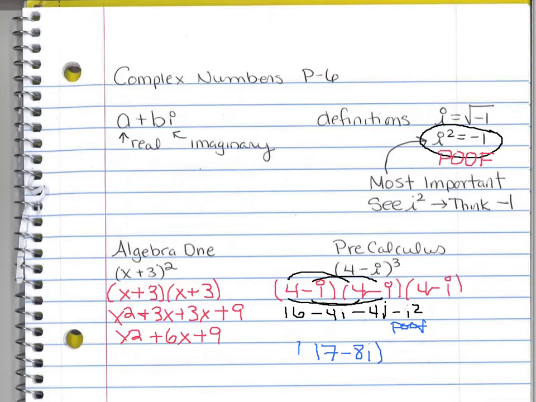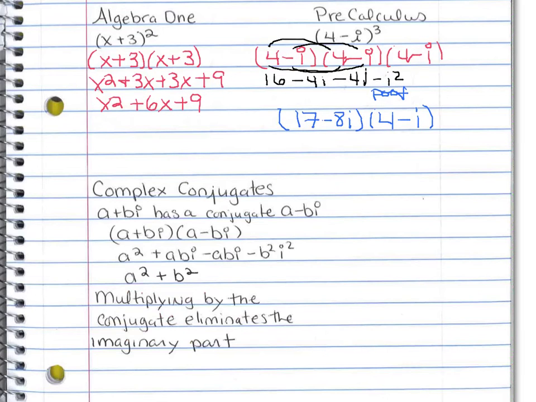But you have to keep going and FOIL again, 17 minus 8i times 4 minus i. You then continue to FOIL. 17 times 4 is 68. So it's 68 minus 32i minus 17i plus 8i squared.